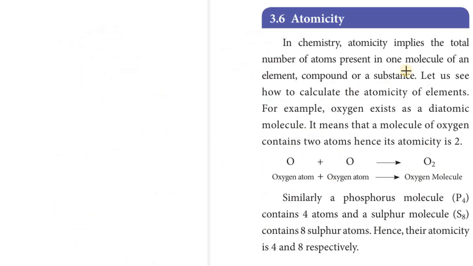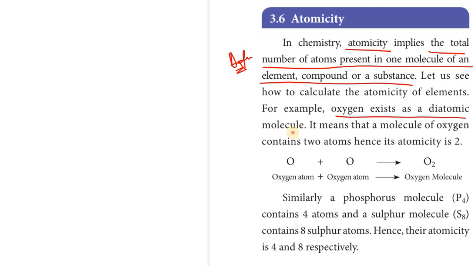Now in chemistry, atomicity implies, this is important, students, again a definition, note it, atomicity implies the total number of atoms present in one molecule of an element, compound or a substance. Let us see how to calculate the atomicity. We have just done that actually. For example, oxygen exists as a diatomic molecule.